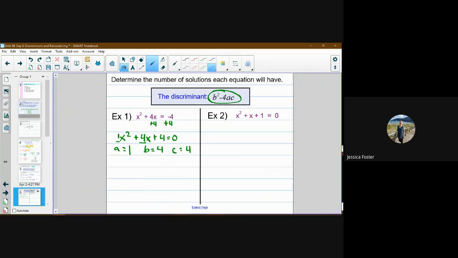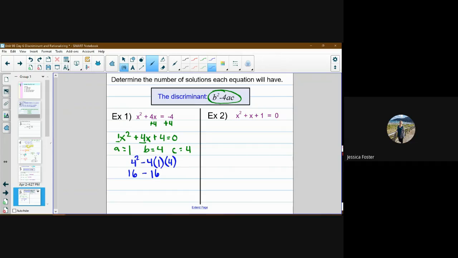So for our discriminant, we've got b squared, 4 squared, minus 4 times a times c. And we're just going to simplify this. We don't need the square root for the discriminant, because we're not actually taking the square root. We just need to know if this number is going to be positive, negative, or 0. 4 squared is 16. We need to do multiplication before we can subtract. 4 times 1 times 4 is 16.